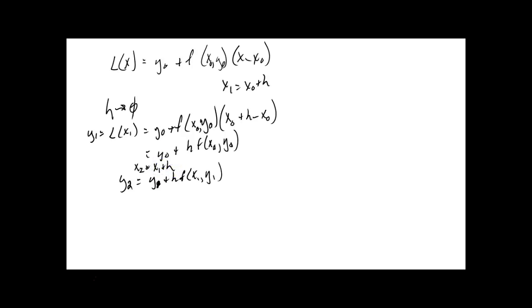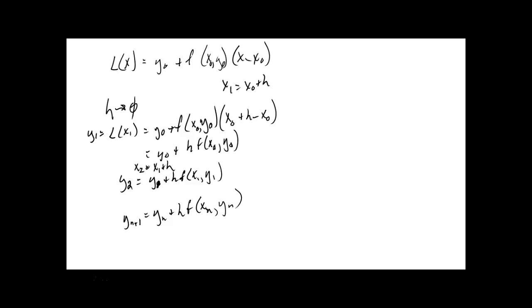So go with that and keep increasing and keep going. Continue in this manner, you see that y of n plus 1 is equal to y sub n plus h times f of x sub n, y sub n.